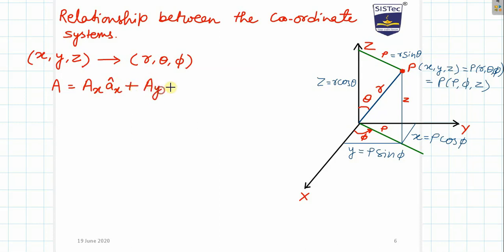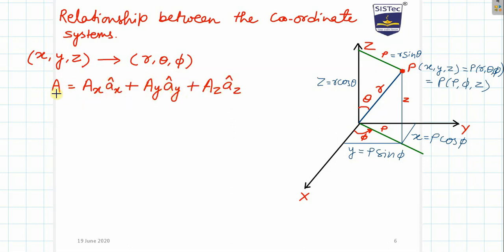Similarly Ay, this capital Ay is representing the magnitude along y direction, and this is the unit vector representing the direction along y. And similarly this, so this type of transformation we do have.